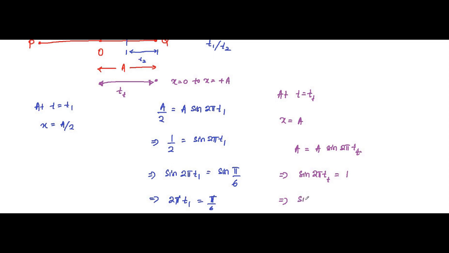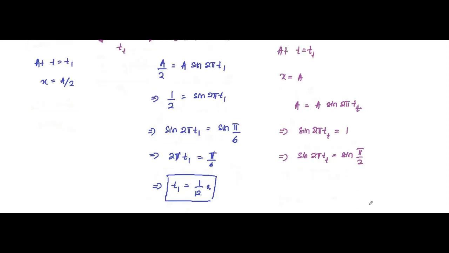So that is sine 90 degrees or sine pi by 2. That implies 2 pi t subscript t is equal to pi by 2. Pi gets cancelled, so t subscript t is equal to 1 by 4 seconds.